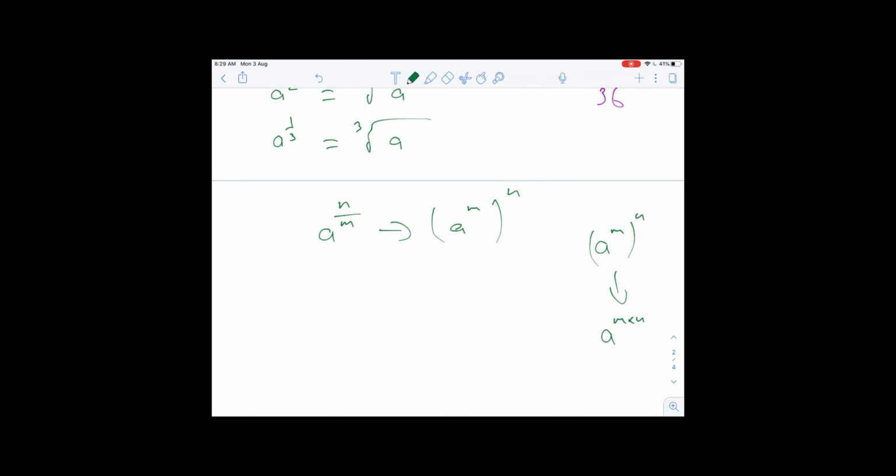Okay, sorry, this is 1 over m. So we can write this as 1 over m, and outside n. When we open the bracket, it will multiply and give you n over m. So this is equivalent to the m-th root of a, and outside the whole thing to the power of n.